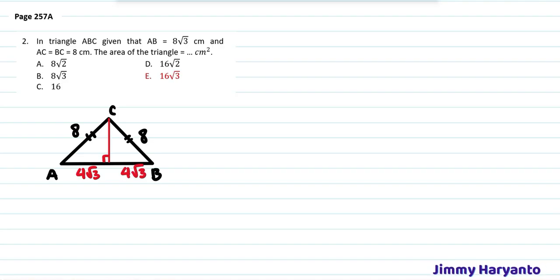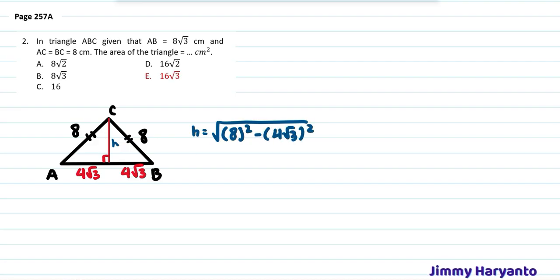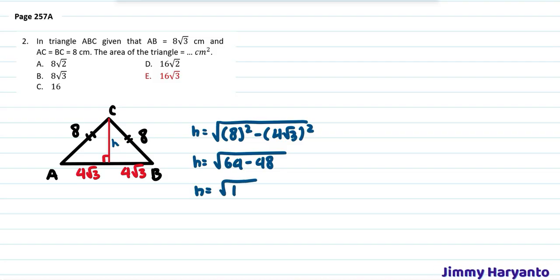And then we can find the height of the triangle using Pythagoras theorem. It will be square root of 8 squared minus 4 square root of 3 squared. H equals to square root of 64 minus 48. H equals to square root of 16, so H equals to 4.